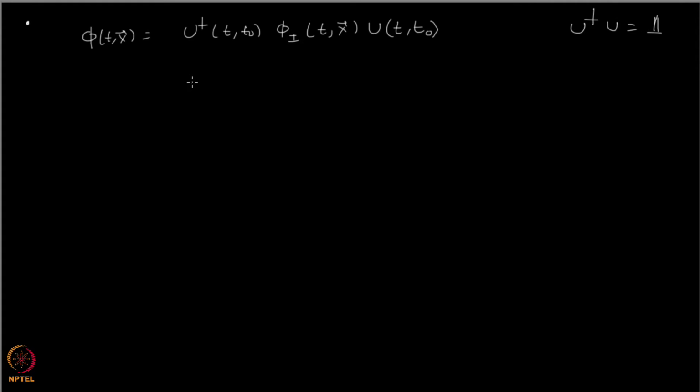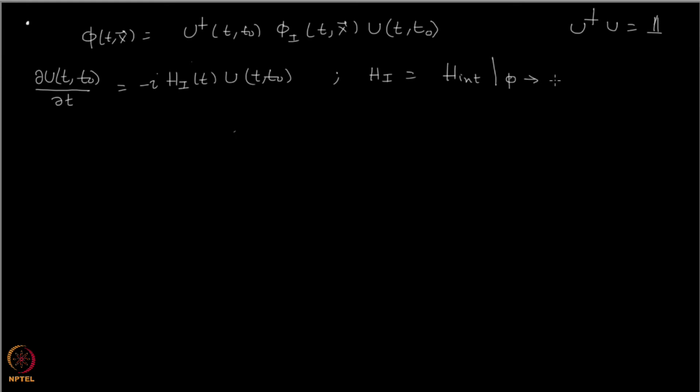Okay, and then we had also written down the differential equation that u obeys, where we had defined what H_I is, and that is just the interacting part of the Hamiltonian written using phi I's and pi I's, where you take the interacting part of the Hamiltonian and make the replacement, phi going to phi I and pi going to pi I. That is what we had found earlier.